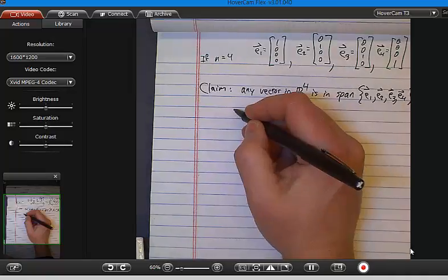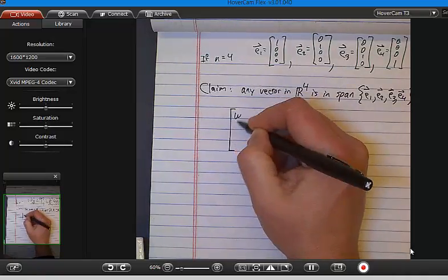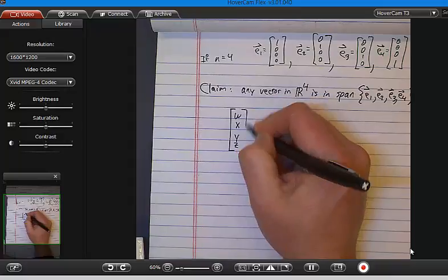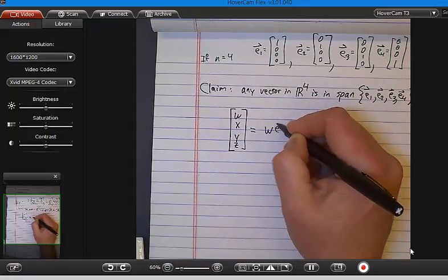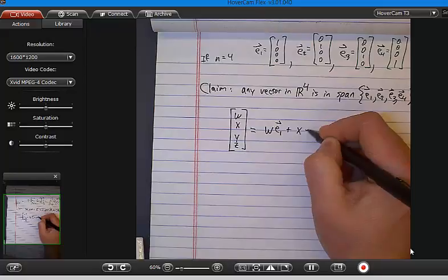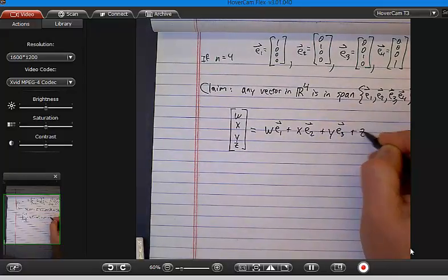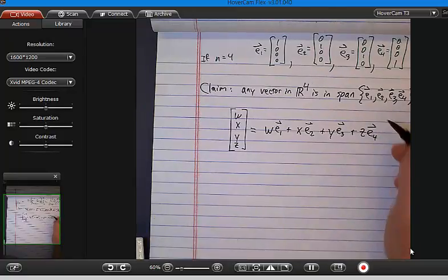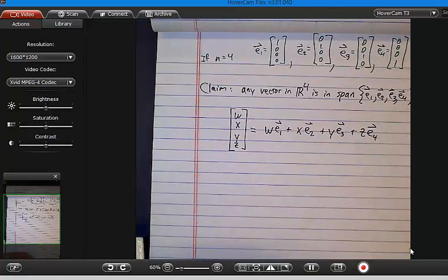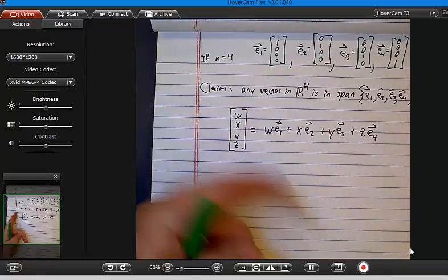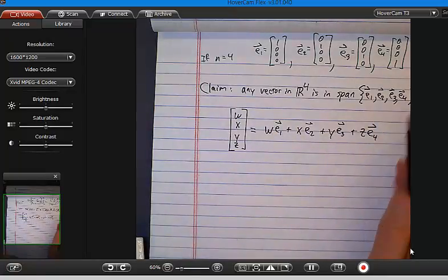Well, because if I have a vector WXYZ, it equals W times E1 plus X times E2 plus Y times E3 plus Z times E4, right? Guys with me? Mitchell? Yeah. Zach? Yeah. Okay. So that's the first thing. I know that any vector's in the span of these things.